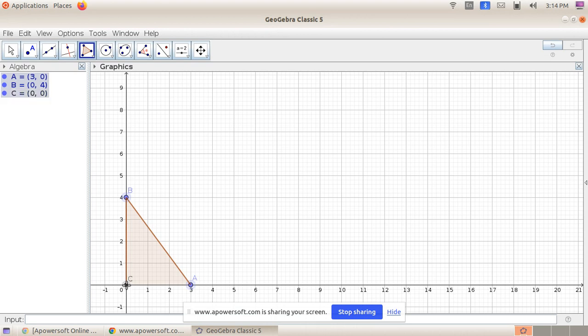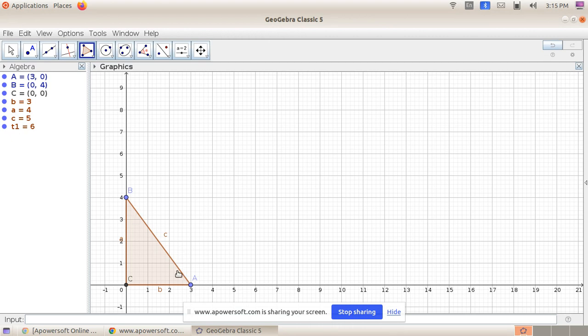Now it's 0 and then 3, 0. So this is side A, side B, and side C. The length of B is 3, the length of side A is 2, and we have to find the length of side C.